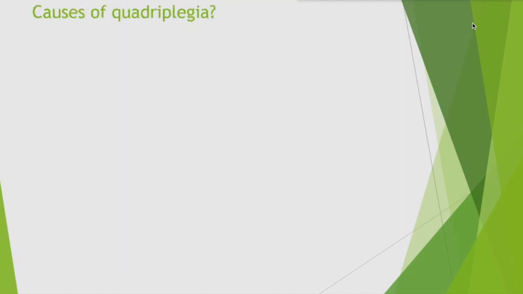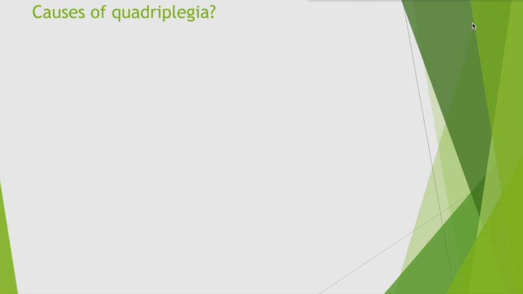So what are the common causes of quadriplegia? High cervical cord compression. Then it can be cerebral palsy, motor neuron disease, then Guillain-Barré syndrome.